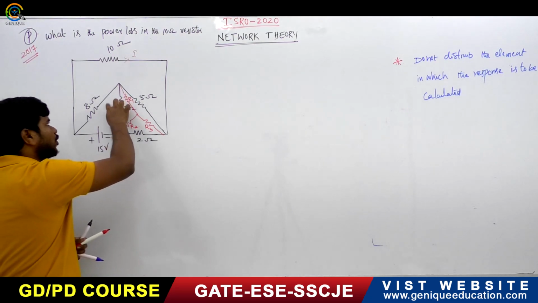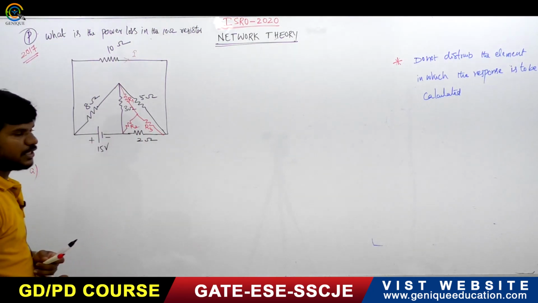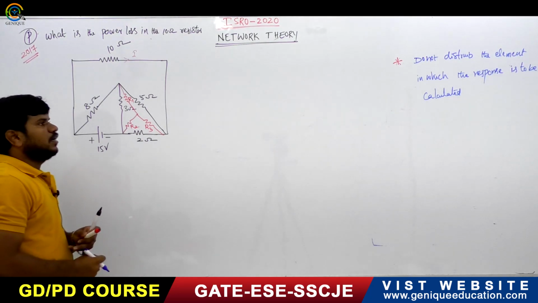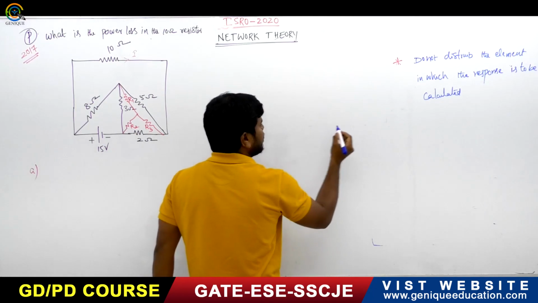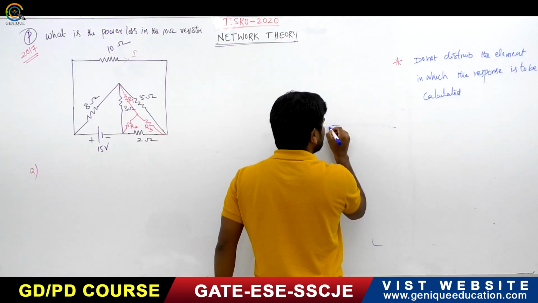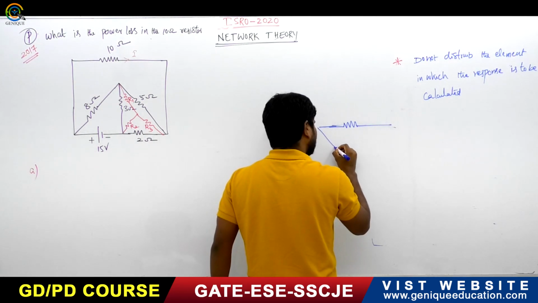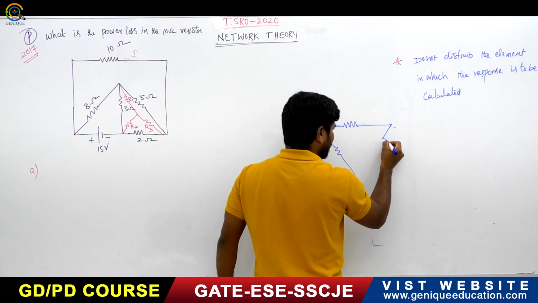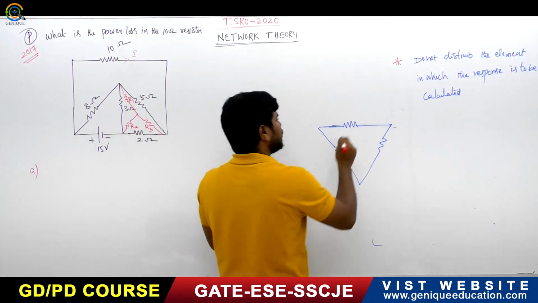Now I have to remove this delta and substitute R1, R2, R3. You know how to do star to delta and delta to star conversion. Suppose one delta network is there here, and I want to convert this into star.